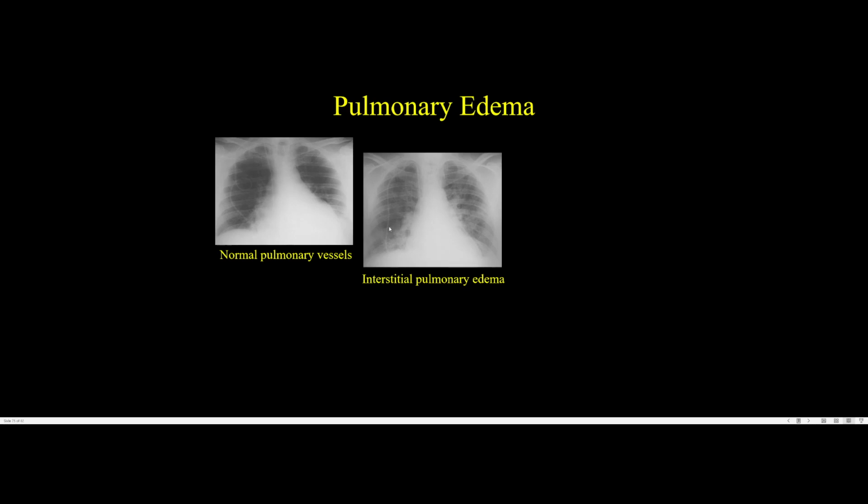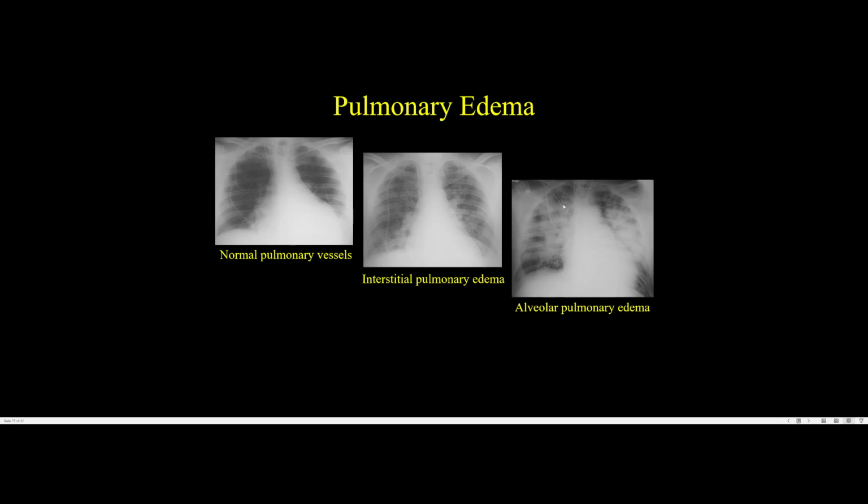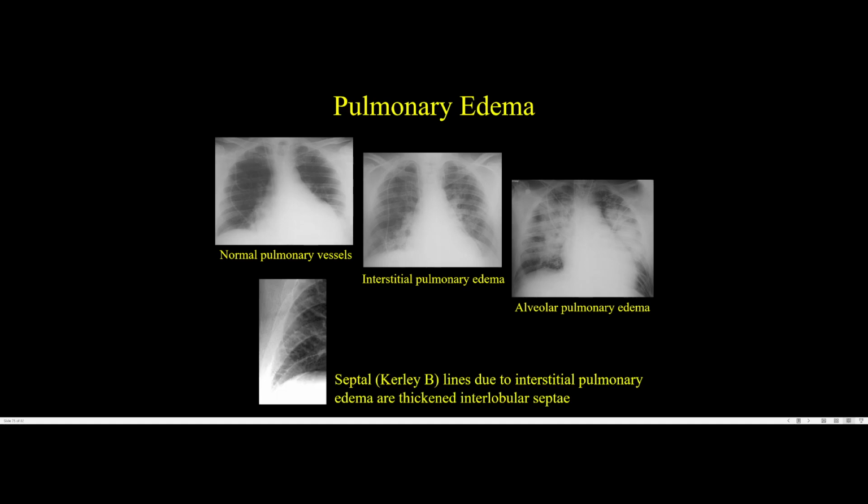They call these Kerley B lines. If you heard them from before, Kerley B lines. Sometimes you have loculated pleural effusion. Again, this is at the earlier stages. And then at the advanced stages, you might be presented with alveolar, not interstitial, now alveolar pulmonary edema in a bat wing-like configuration. So this is just revising the stages of pulmonary edema.